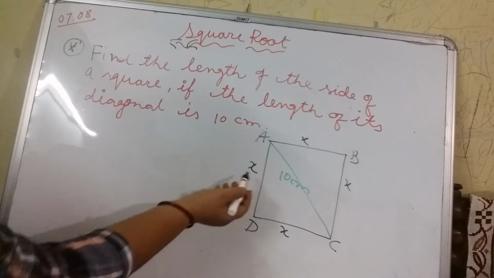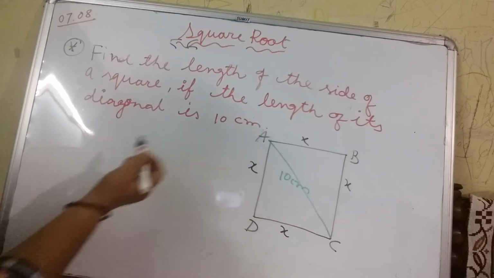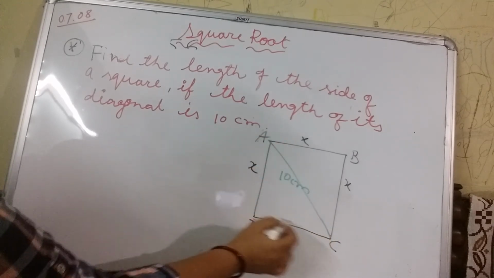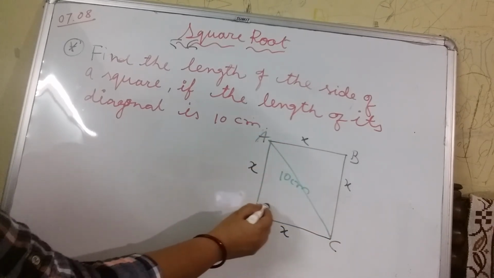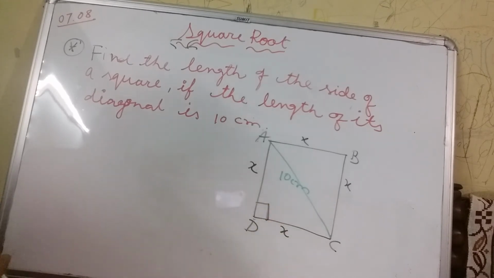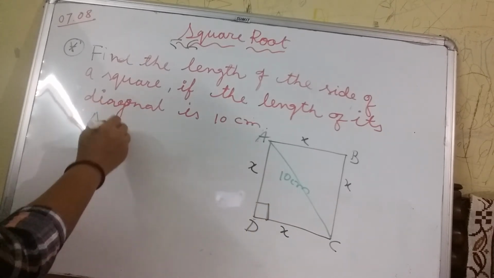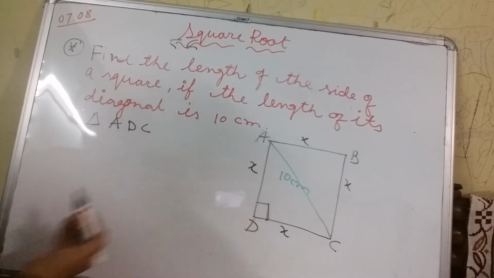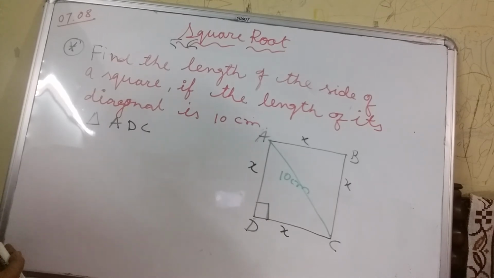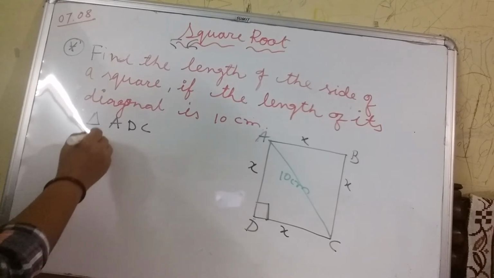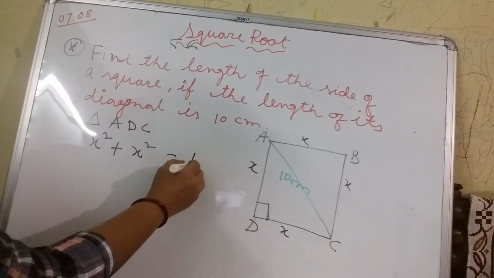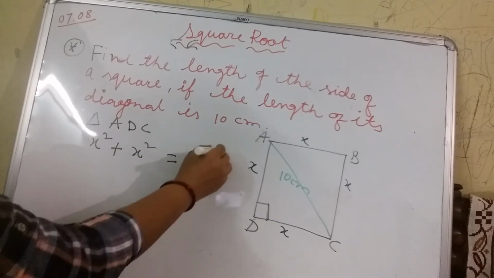Okay, so let's consider it as x, and this ADC will be a right angle triangle because this angle is 90 degrees for a square. Okay, so if you consider this triangle ADC, it is right angled at D. Okay, so what you can write, using Pythagoras theorem, we can write x square plus x square equals hypotenuse square, that is 10 square.